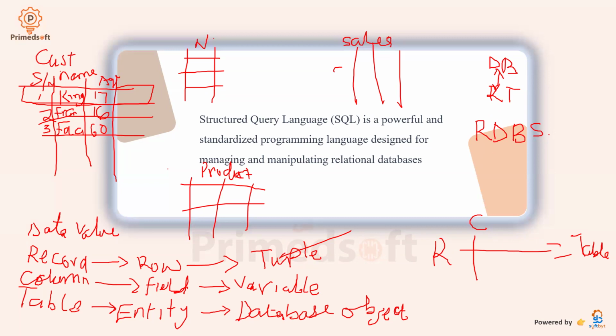Can you say it again? When we have a combination of a database and related tables, we have a relational database system. A combination of a database and related tables, not just any table, but tables that are properly linked together, gives us a relational database system.